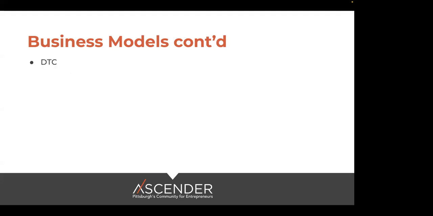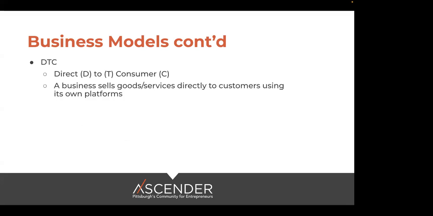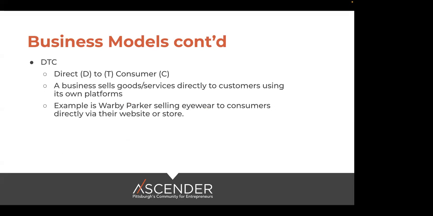And then we have the last one, which is DTC or D2C, direct to consumer. That's a business that sells goods or services directly to consumers using its own platform. So you might say, what's the difference between this and B2C? Well, an example is Warby Parker, which sells eyewear to its consumers, but they only sell via their website or their store, right?